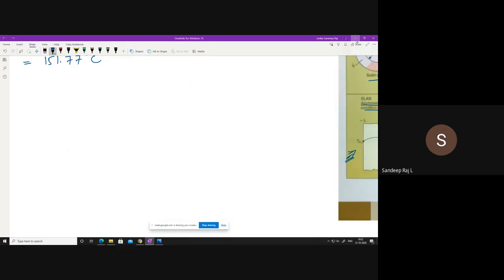So how to do it? He is asking you to find Q, and he is asking you to find it on both sides. On the 130 degree centigrade side you have to find it out, and on the 150 degree centigrade side also you have to find it out. So how do you do that?